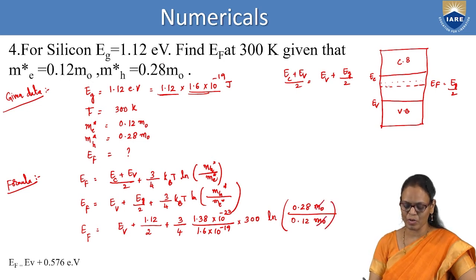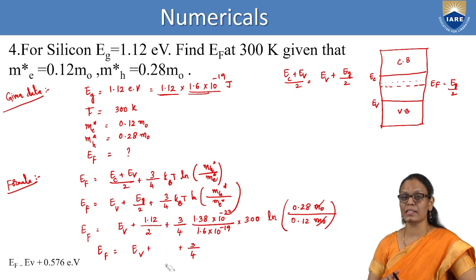So m naught will get cancelled. EF will be equal to EV plus 0.6 plus 3 by 4. I'll keep it as 1.12 by 2 only.